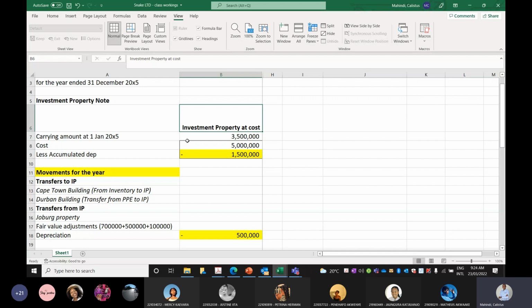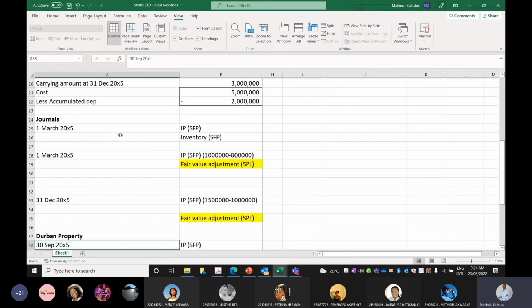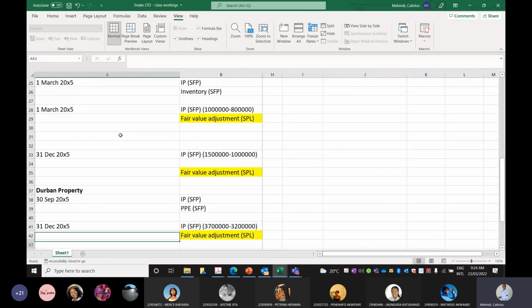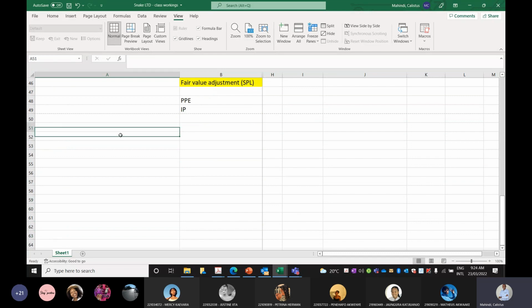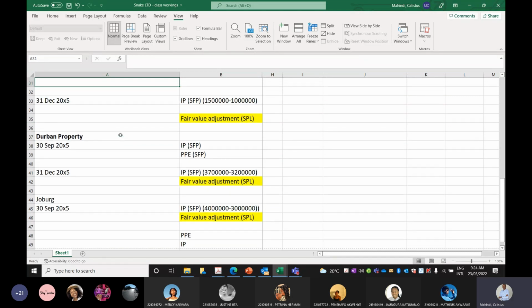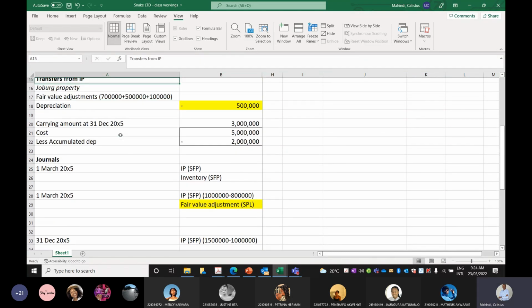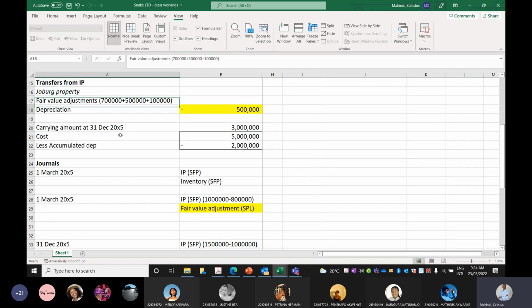So what are we reconciling? We're reconciling the carrying amount at the beginning of the year, which is 1st of January 20x5, to the carrying amount at the end of the year, which is 31 December 20x5. All right, so we're reconciling those two.